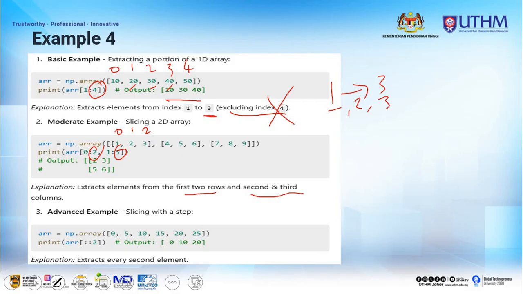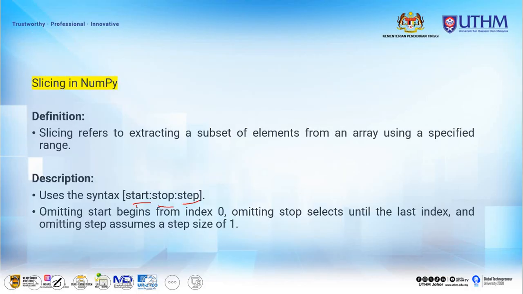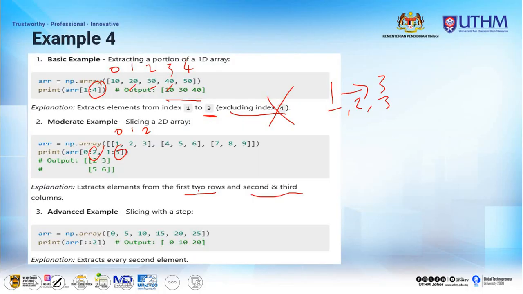Advanced example, slicing with a step. So far we have seen start and stop only. Now we will add one more, the step. So array equal to np.array 0, 5, 10, 15, 20, 25. It extracts every second element.